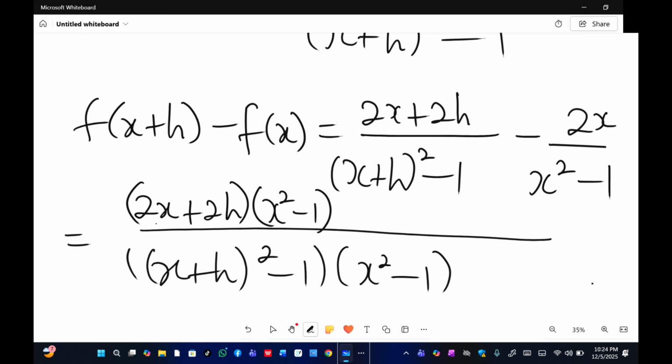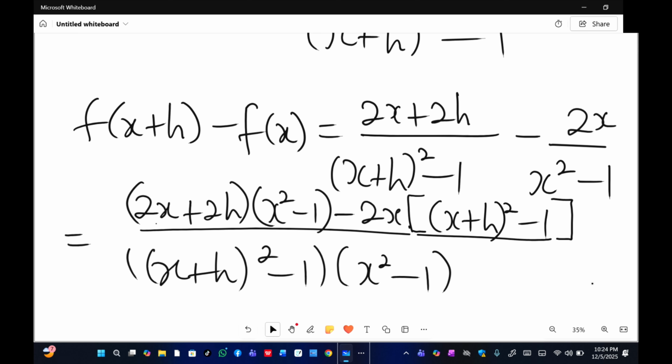So we are going to multiply it by its numerator, which is 2x. So we get x plus h all in bracket squared minus 1. Then you close it nicely.